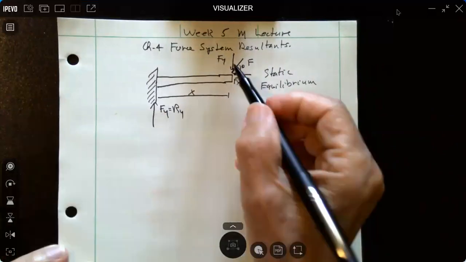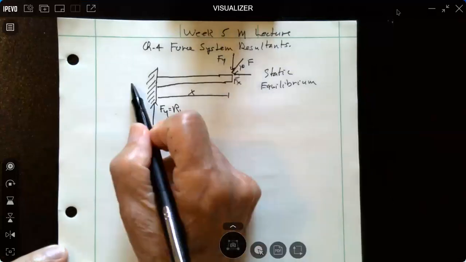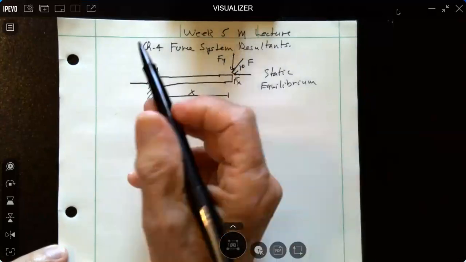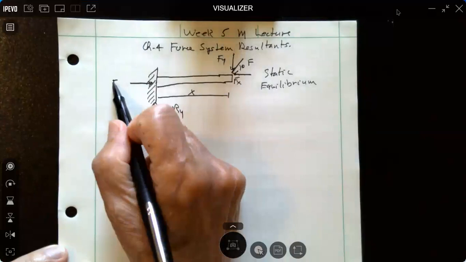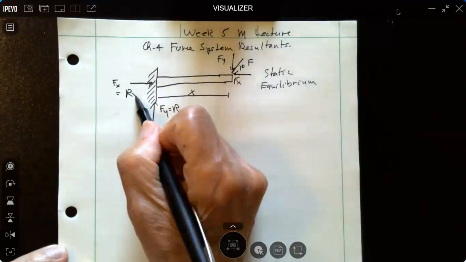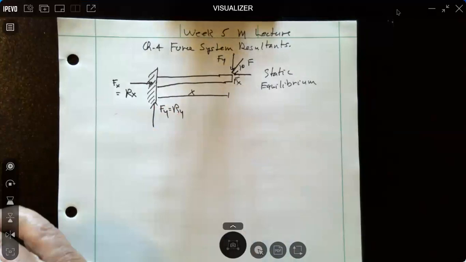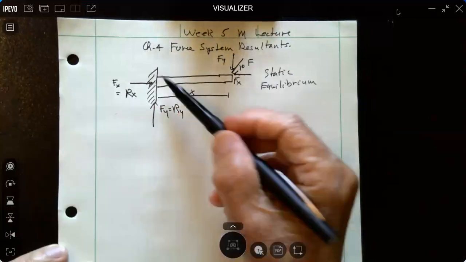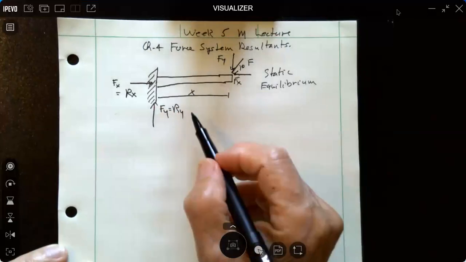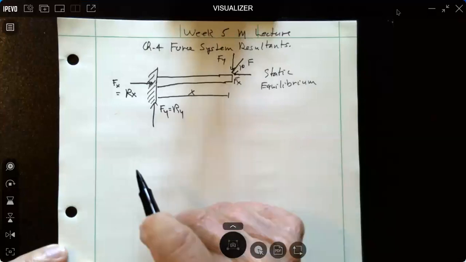And then we have this force in the x direction, which means that we need to have a reaction force equal to F sub x, and that will be our reaction in the x direction. And from now on, what statics is going to be about is finding out what these reaction components are. It's probably the most important thing that we do in statics, being able to determine reactions.